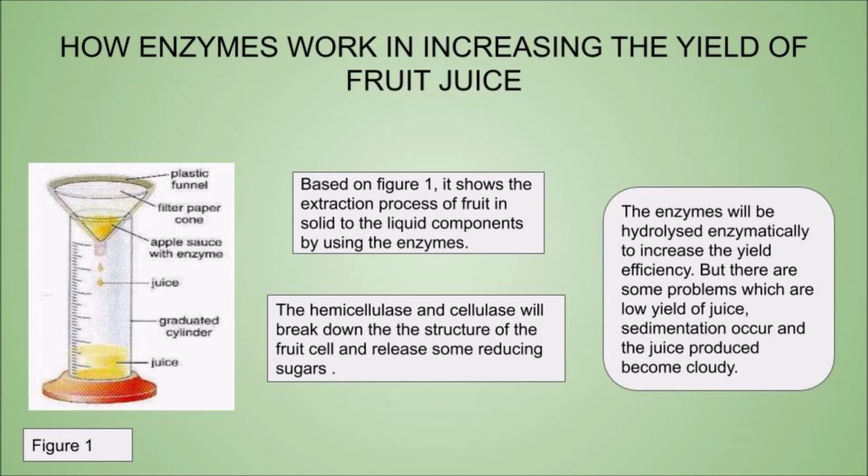To avoid that, we have to add an additive that separates the solid structure of the fruit, or we have to use a correct, new plastic funnel and filter paper to ensure that the fruit solid structure will be extracted correctly. For the cloudy condition, we can also add pectinase to break down the pectin or any excess polysaccharides that might make the solution cloudy.